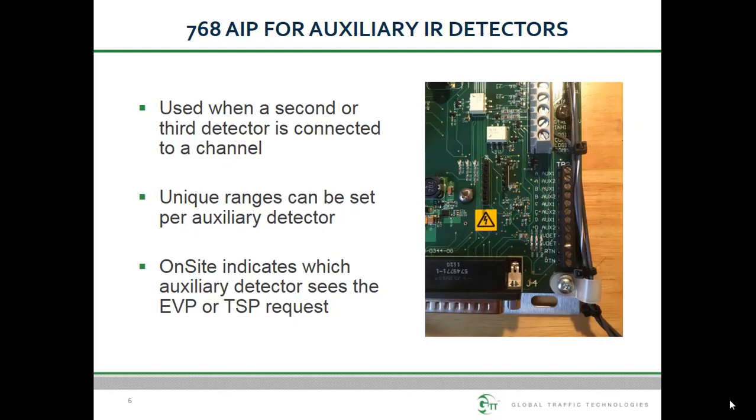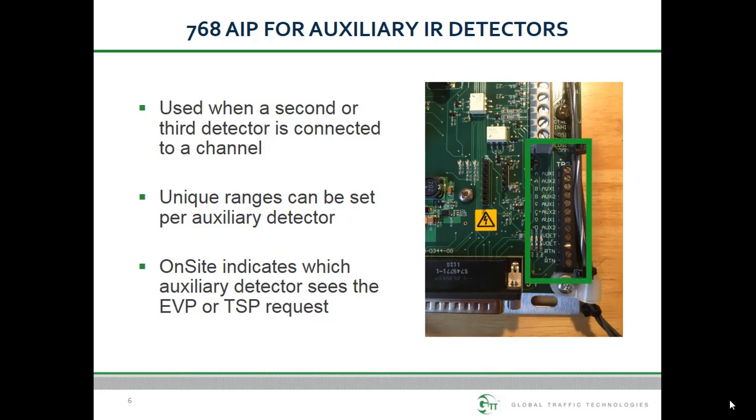Next, we'll review the use of the AIP to connect advanced IR detectors. Anytime more than one infrared detector is connected to a channel, the signal from the second and third detectors should be connected via the auxiliary detector input on the AIP.